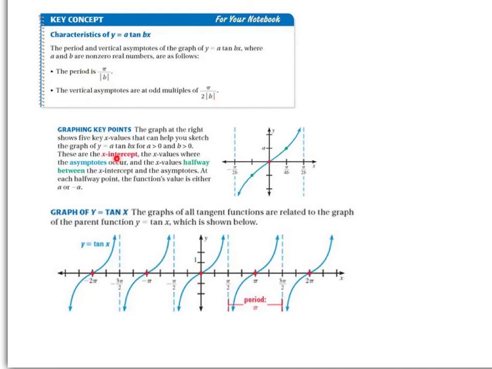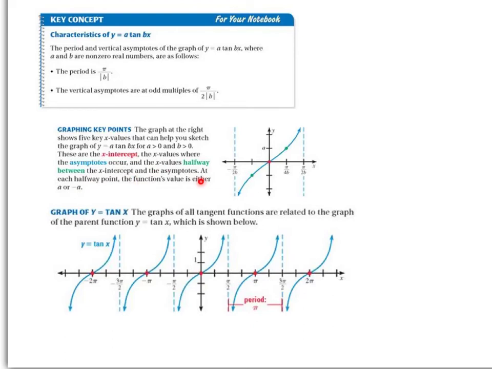Okay. Key points. The graph at the right shows 5 key x values that can help you sketch the graph of a tangent bx for a greater than 0 and b greater than 0. These are the x-intercept, the x values where the asymptotes occur, and the x values halfway between the x-intercept and the asymptotes.